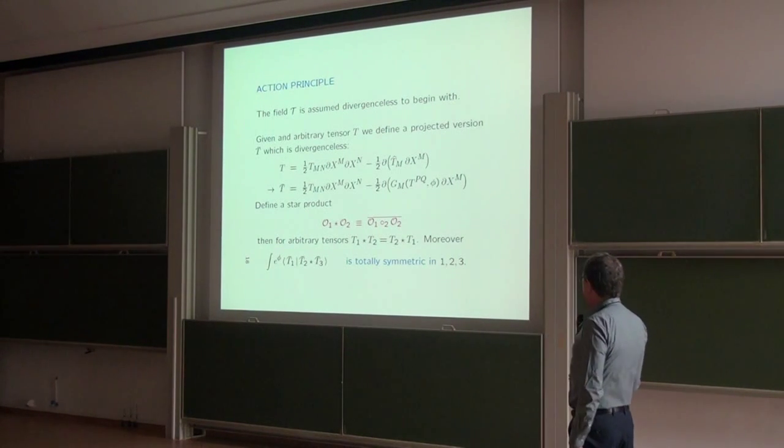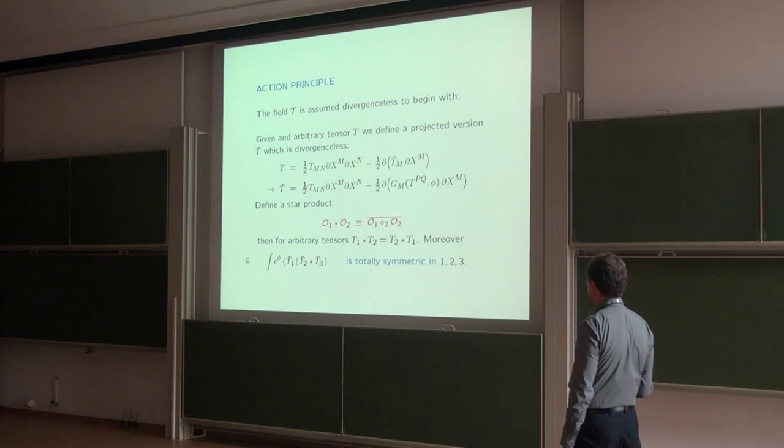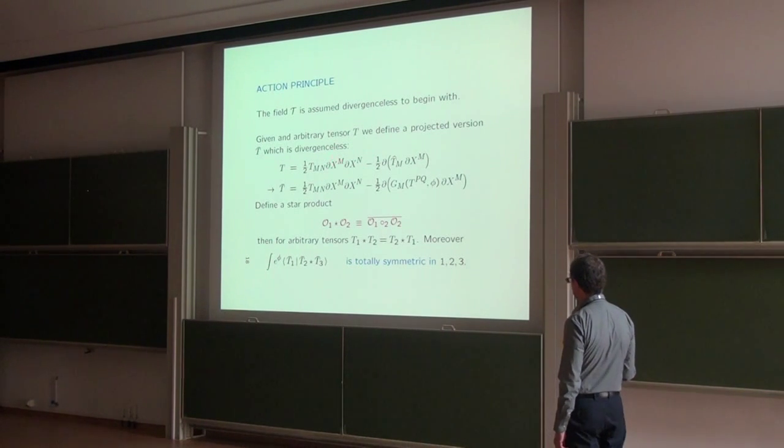Well, we said that the field tau that contains the double metric is supposed to be divergenceless to begin with. So given an arbitrary tensor, we can define a projection that gives you a divergenceless tensor. And that actually plays some role.